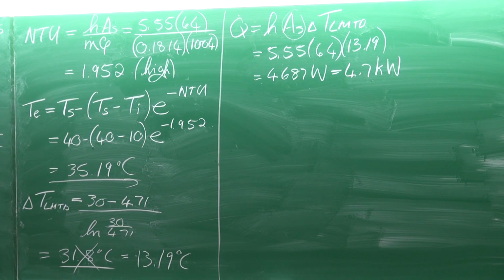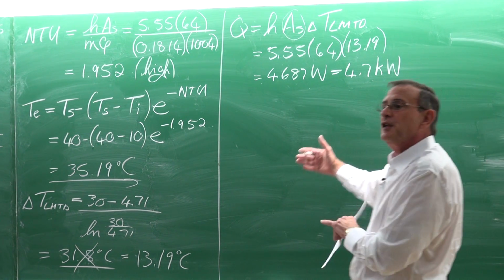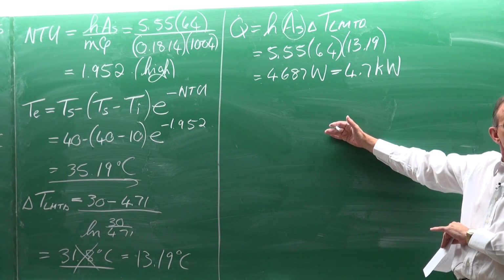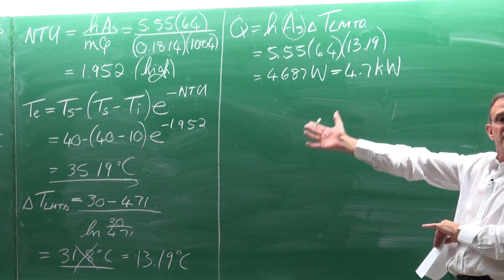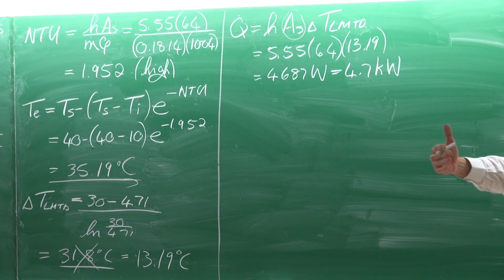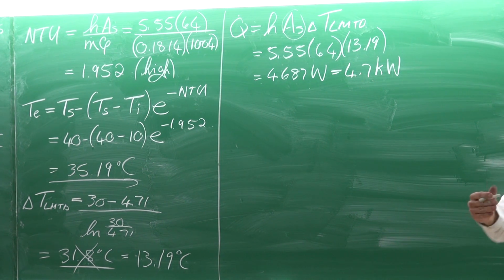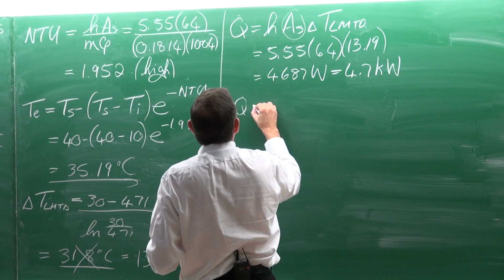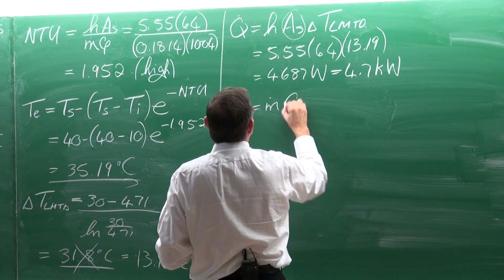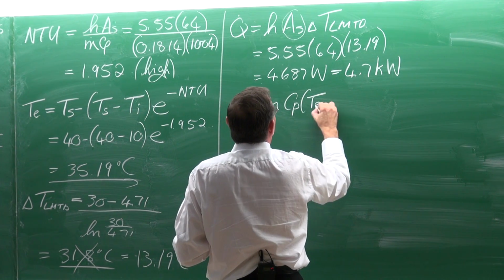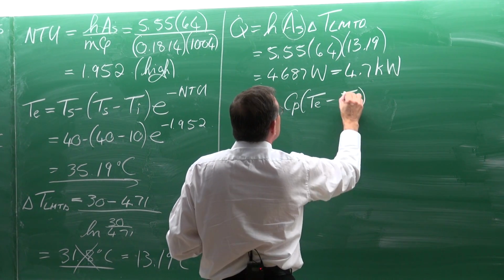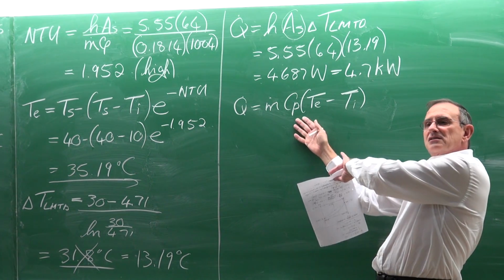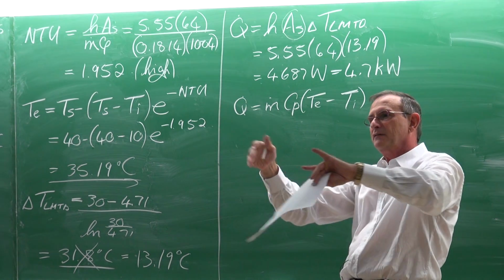Okay. If there's a possibility that you can check your result using another approach, then I would always recommend that you do that, and that is what you can do in this case. You can also say that the heat transfer rate should be equal to the mass flow rate, Cp multiplied by the outlet temperature minus the inlet temperature. So we always write the delta T's so that the heat transfer rates are positive and not negative.